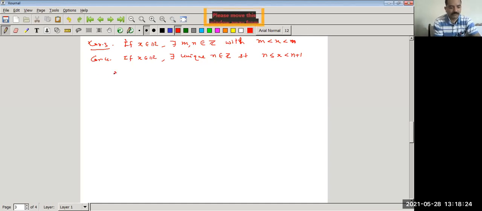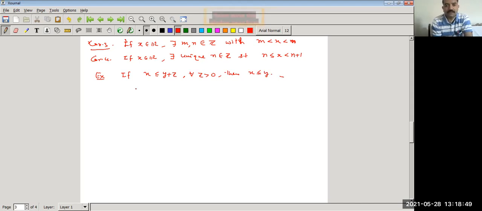So find: if x is less than or equal to y plus z for all z greater than 0, then x is less than or equal to y.